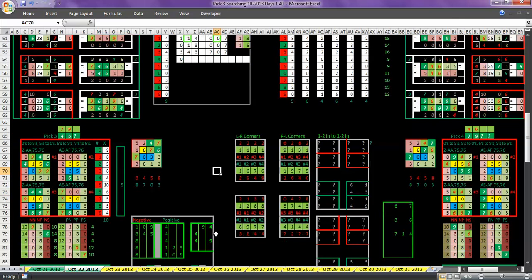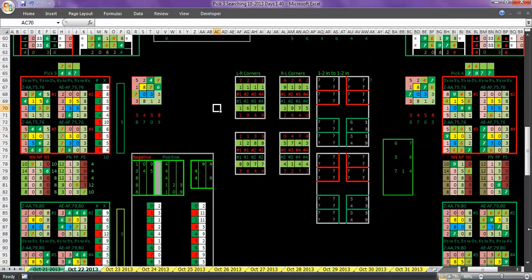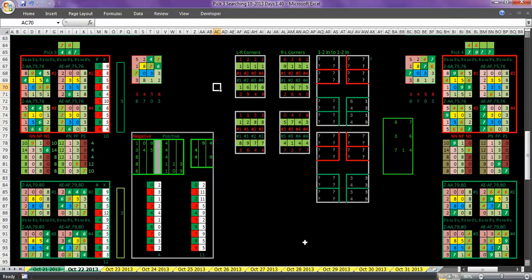Alright. Let's scroll down where we can get a full view of the cubes and look for the patterns that brings up. Okay, we see we've got 4 and 6, 6 and 4. Down here we've got 4 and 3, 3 and 4. Then we've got the 9 and 1, 1 and 9, 3 and 1, 1 and 3.